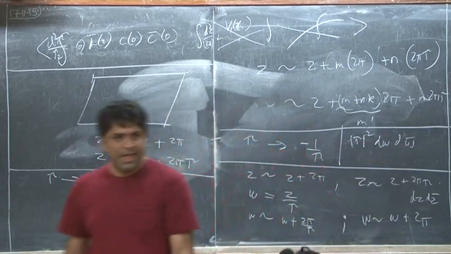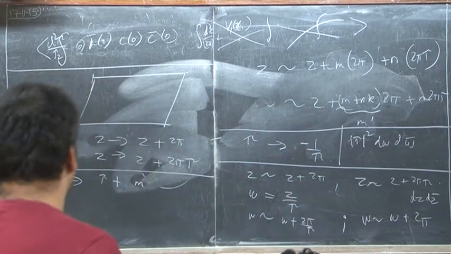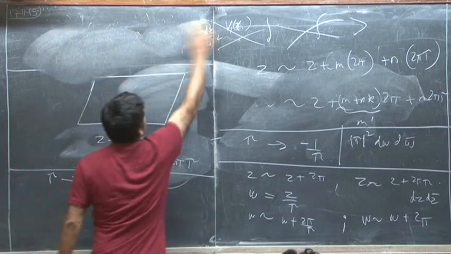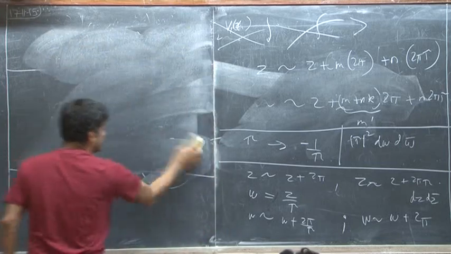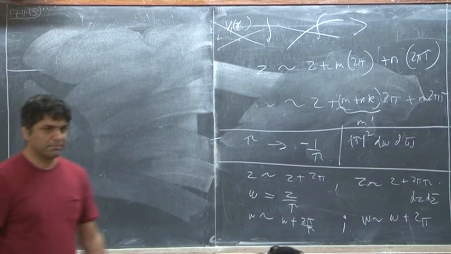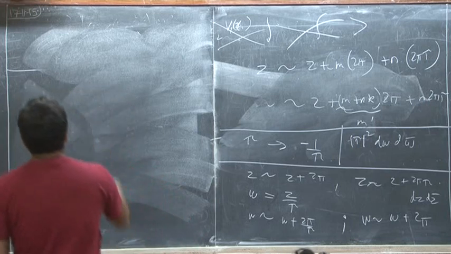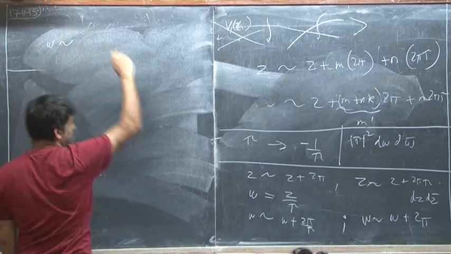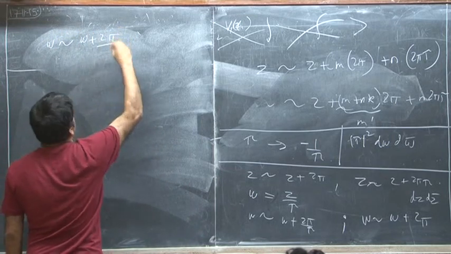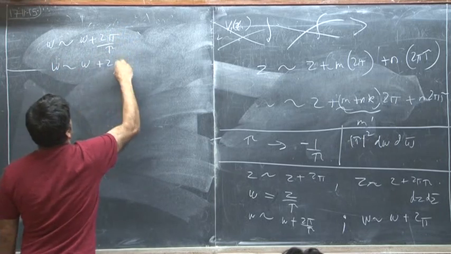If we are interested in tori only up to conformal factors, we can ignore this mod tau squared, and we have that W goes to W plus 2 pi tau, and W goes to W plus 2 pi is our identification.